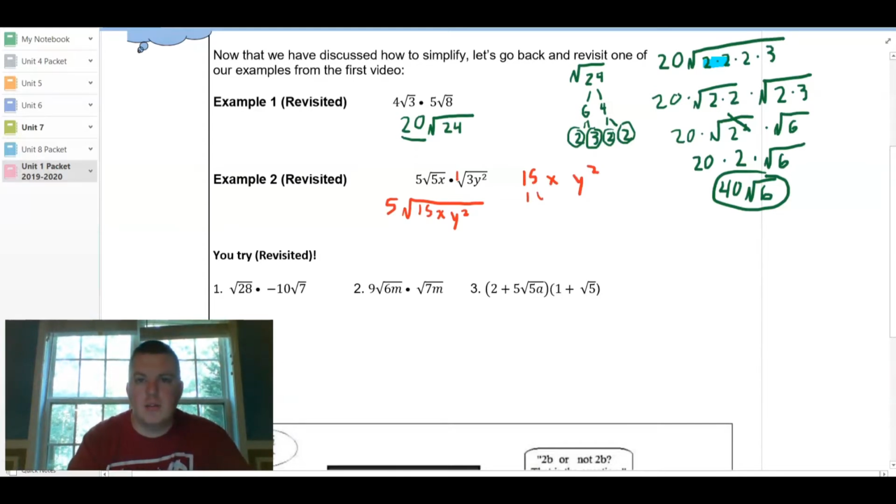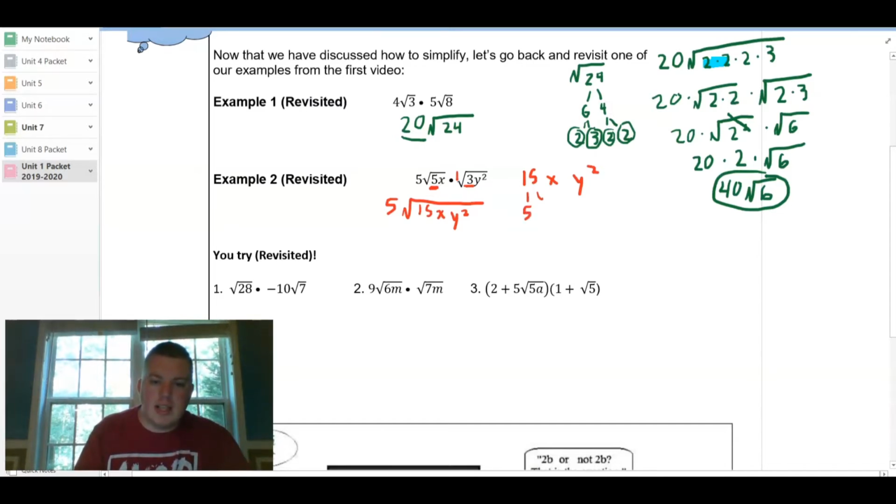Now, this wasn't really necessary on this problem because 15 is a pretty small number. We know how to do a factor tree for 15. But let's say that we had gotten like 76 or something like that. Something where you don't know necessarily the two numbers that go into it easier. If you think about this, we got this from multiplying. So when we multiplied to get the 15, we multiplied 5 and 3. So if those would have been bigger numbers, you could start your factor tree out with whatever those two numbers are.